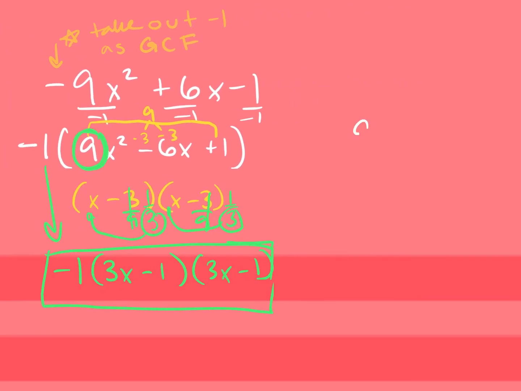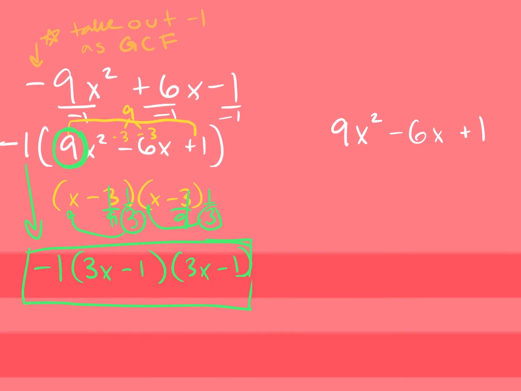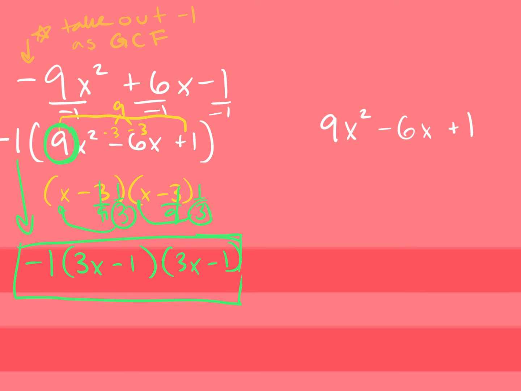What is another way I could have factored 9x squared minus 6x plus 1? What's special about 9x squared and 1? They're both perfect squares. So I could have said 3x times 3x and 1 times 1.